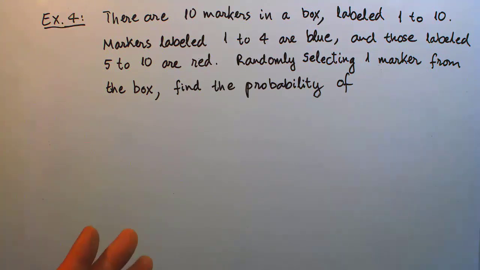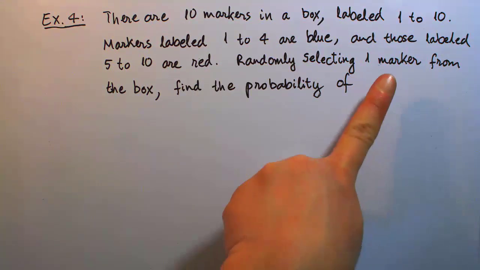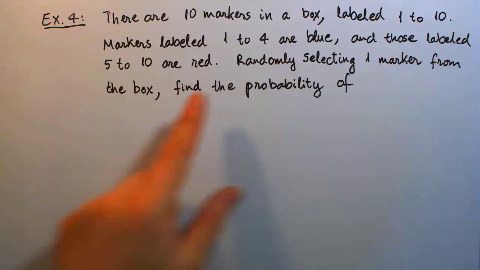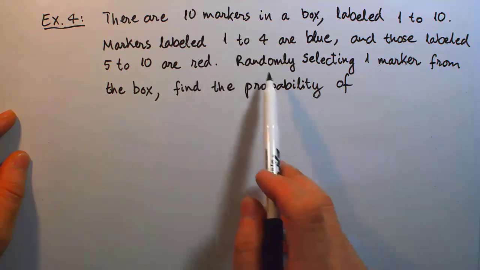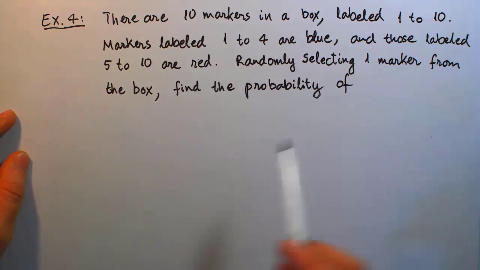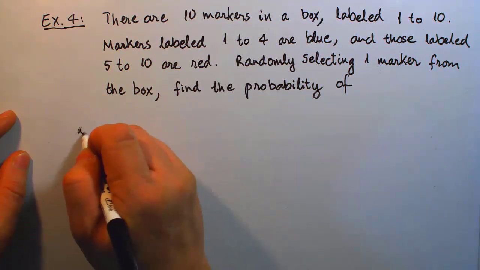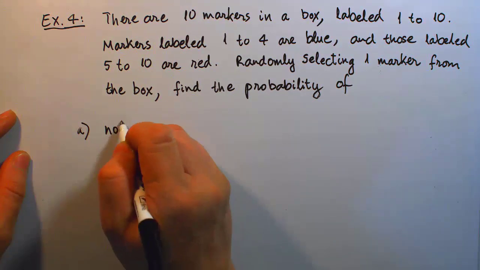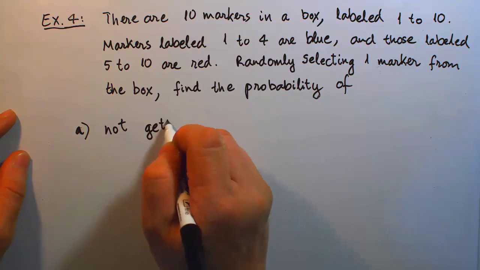So once again, there are 10 markers in a box labeled from 1 to 10, and the markers labeled from 1 to 4 are blue, and those labeled from 5 to 10 are red. Randomly selecting one marker from the box, find the probability of, how about question A right here? I want to find the probability of not getting a blue.